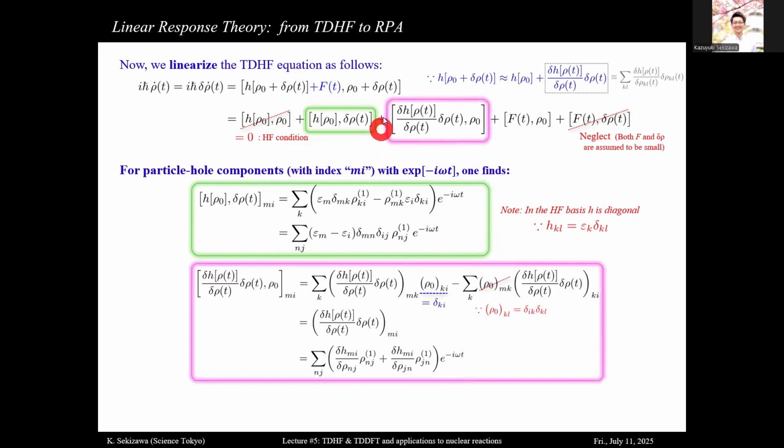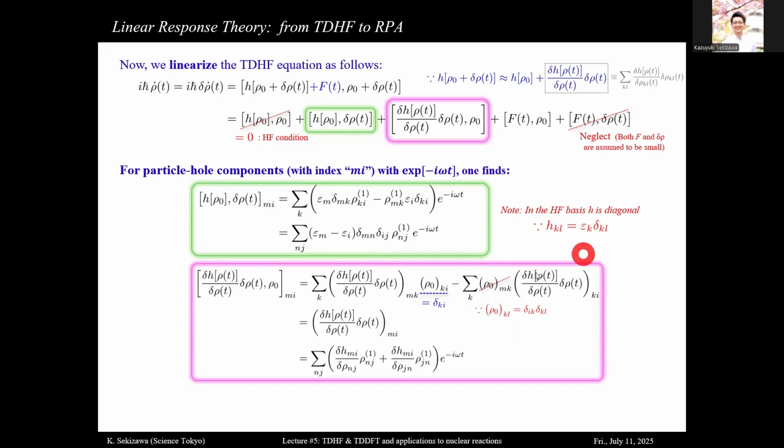And also you can consider this term. The density matrix in the Hartree-Fock basis is only one in the hole component. You can use this condition. And also the component which contains any particle index is 0, from the particular form of the density matrix that I introduced today.